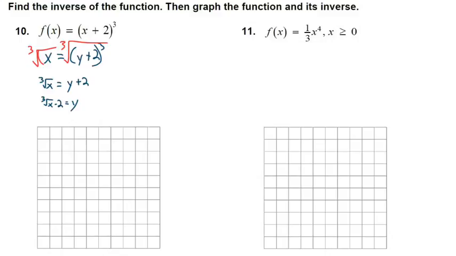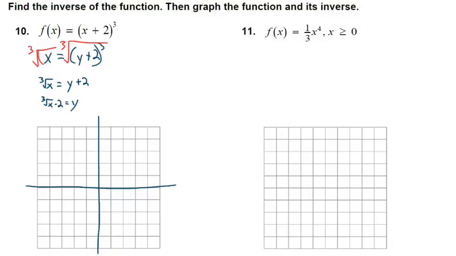Okay? And if we were to graph those two, I'm just going to pull out my trusty graphing calculator real quick. So the first one is plus 2.